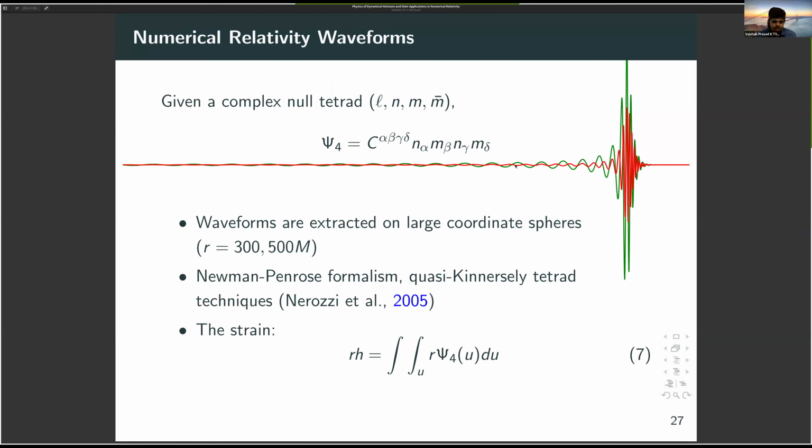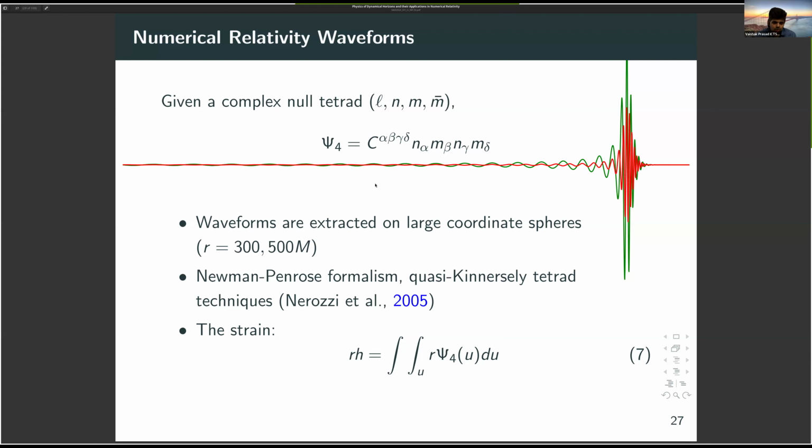Why can't we go up to infinity? It turns out that if we use formulations like 3 plus 1, then we, of course, have a finite amount of computing resources. So we cannot afford to keep enlarging our domain. At a certain point, increasing the size of the domain would not affect the result so much.